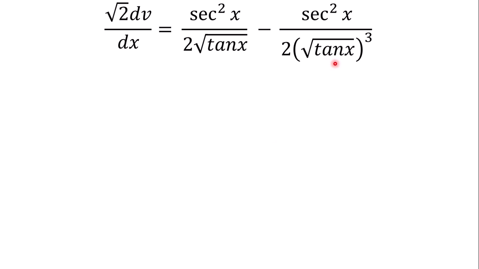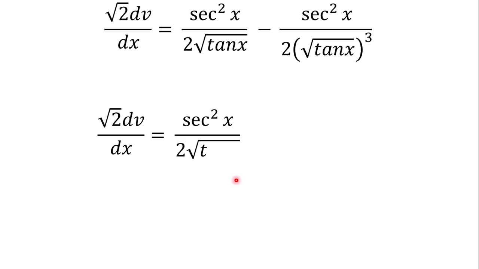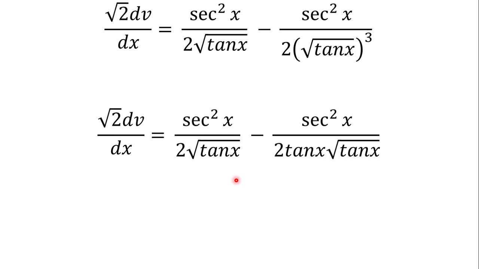This one can be written as well as tangent x times square root of 4 tangent x, right? You're going to multiply this by this, and also this by that, and also this by this one.